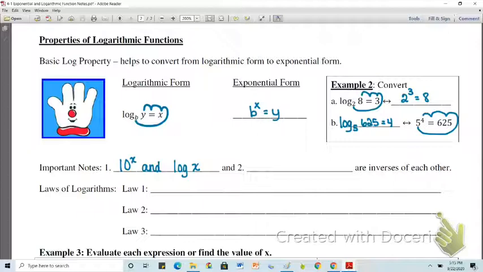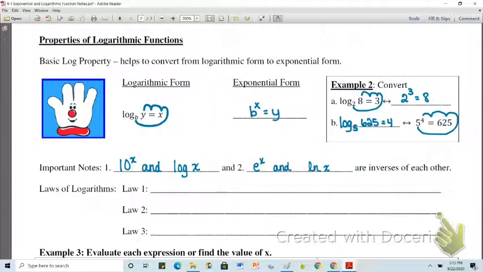The other one that is inverses of each other, and we're not going to cover this semester, but we will get to it next semester, is e to the x and ln x. ln is natural log. You do notice on your calculator there is a log button and an ln button. We are going to use those this semester. Not today, but we will be using them.